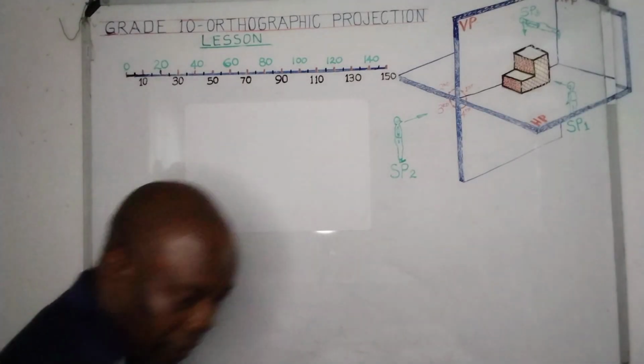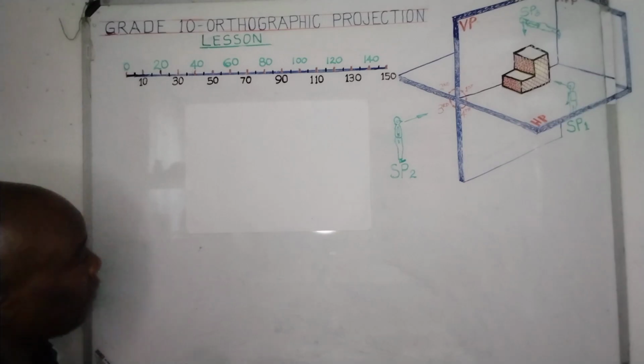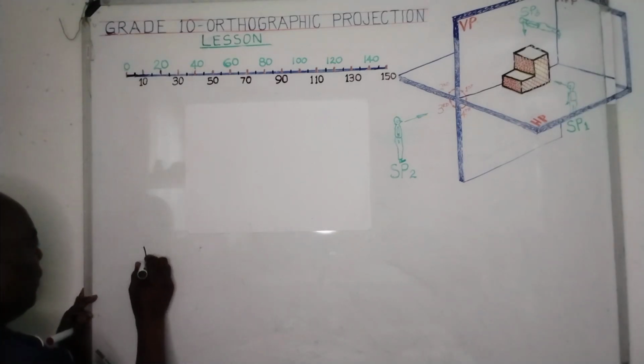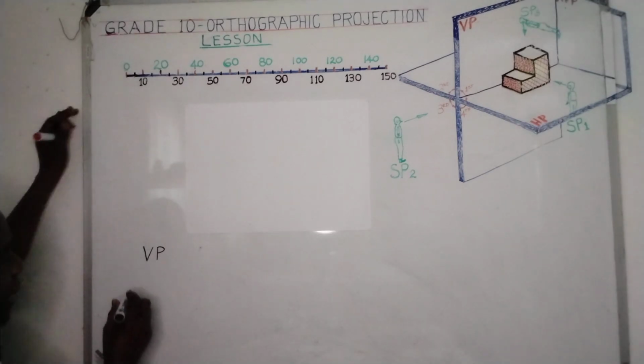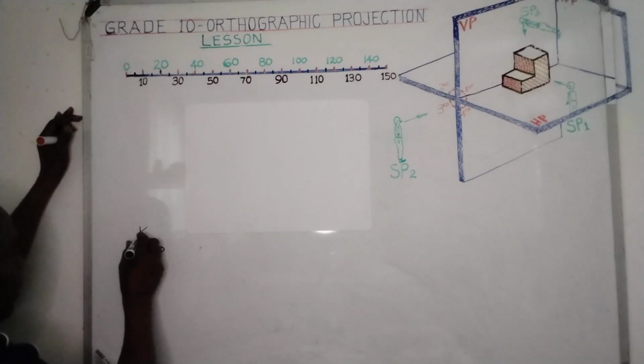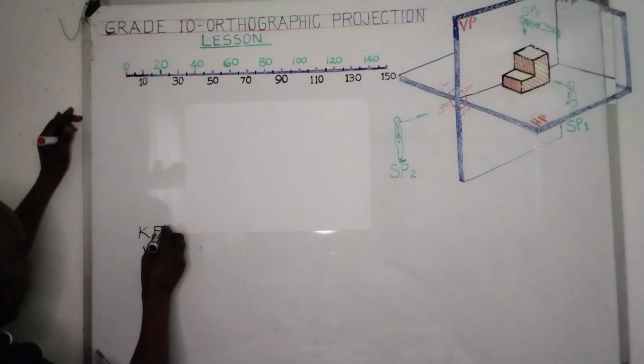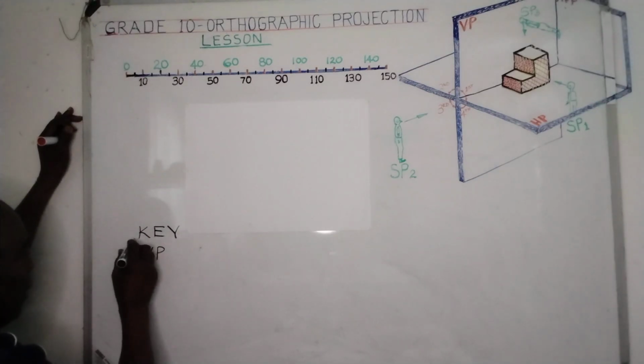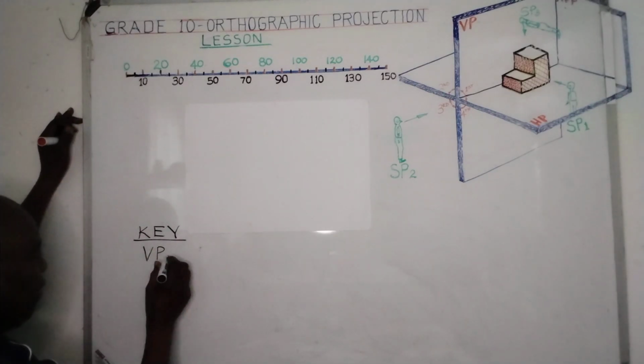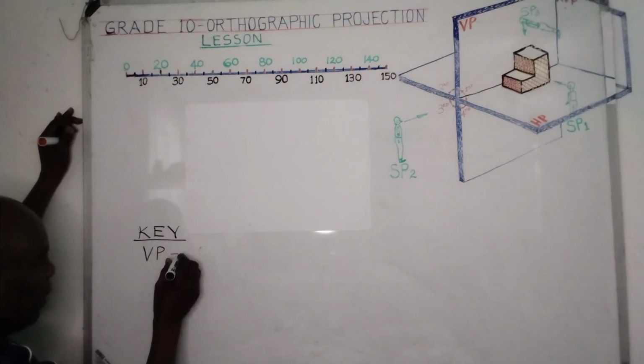Vertical plane means VP, capital letter V and capital letter P, that's the abbreviation.